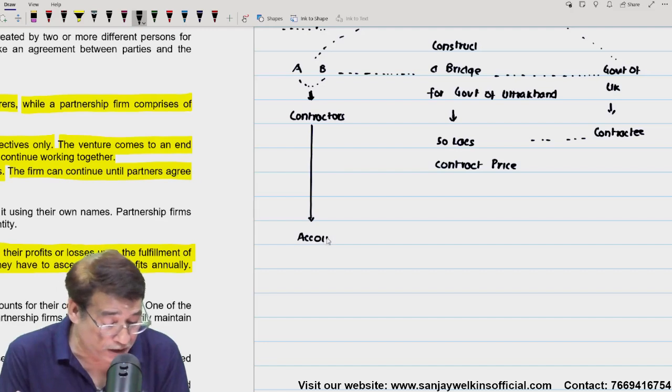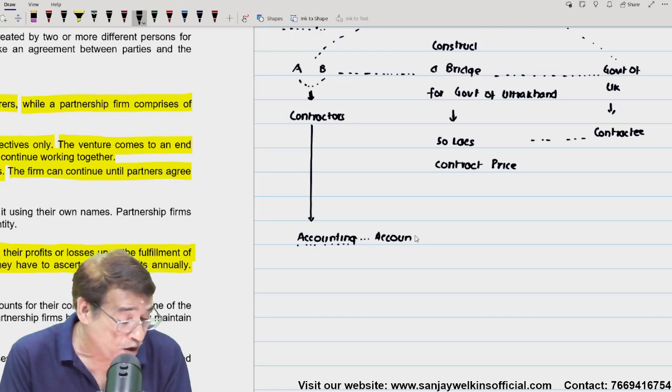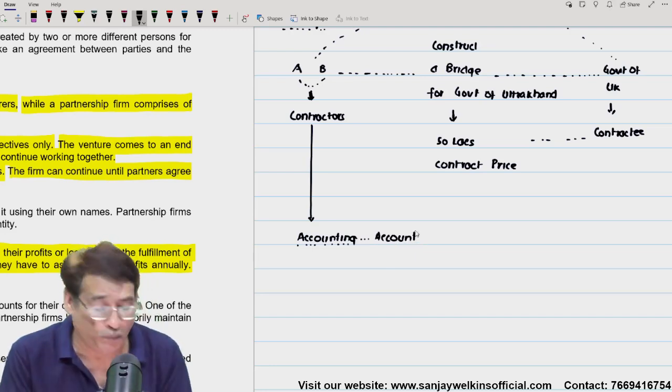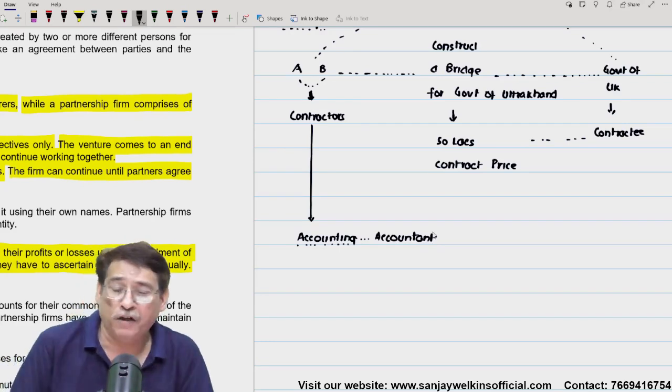That is why this method is known as when separate sets of books are maintained. Accounting is done by a third party accountant, who is going to maintain the accounts on behalf of A and B. Is it clear to you?